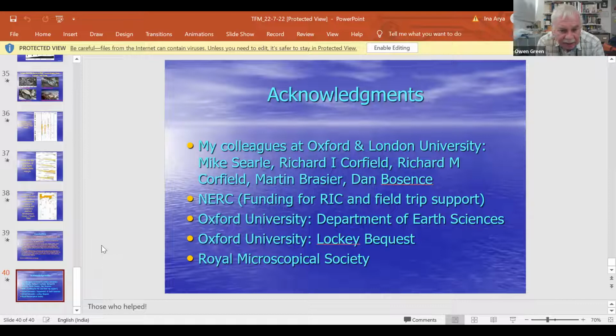Then my two guys who supervised a lot of my work, Martin and Dan Presents, who's a carbonate petrologist out at Royal Holloway College. We got various funding supports, as you do, and I got additional funding from the Royal Microscopical Society as well for it. And that, ladies and gentlemen, is it.